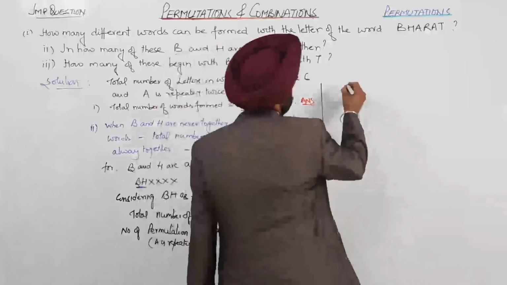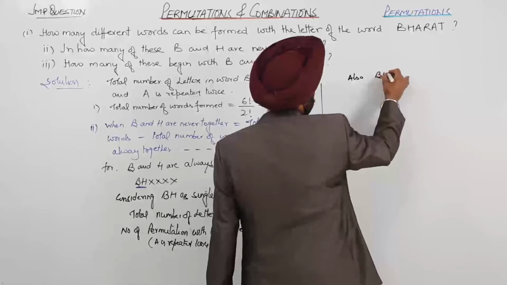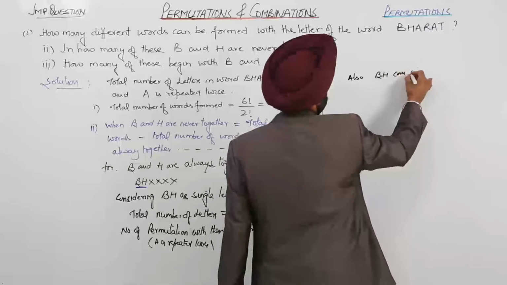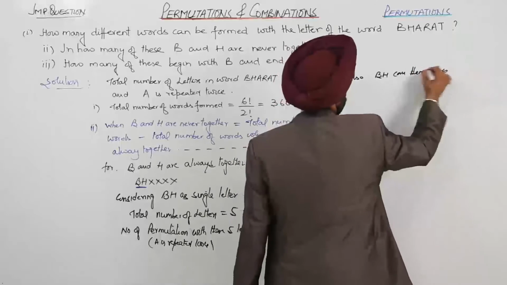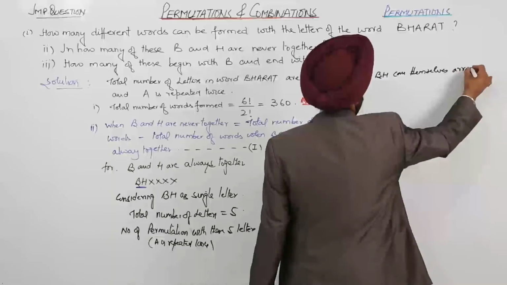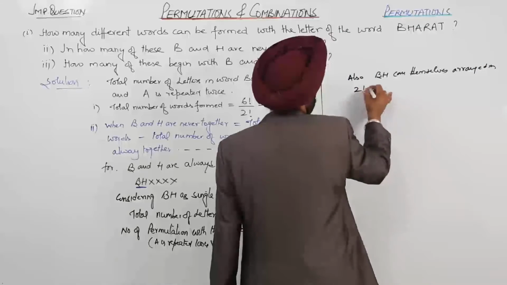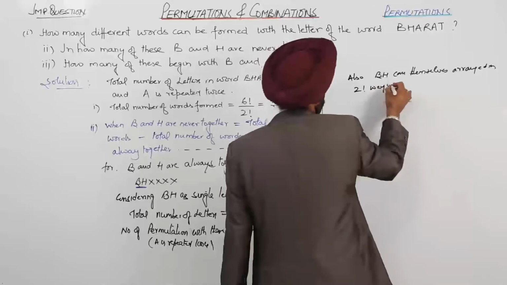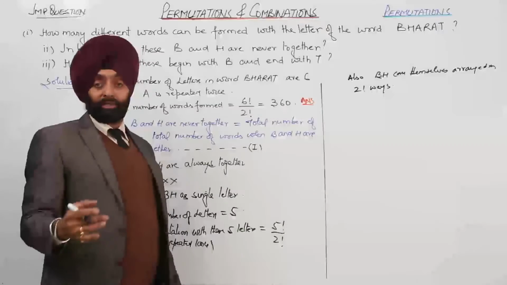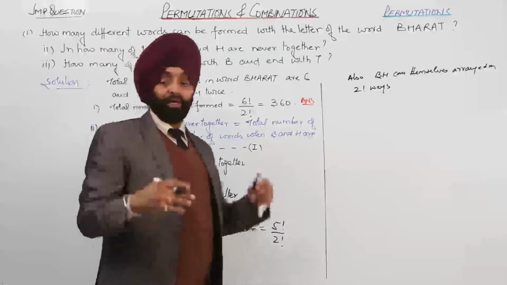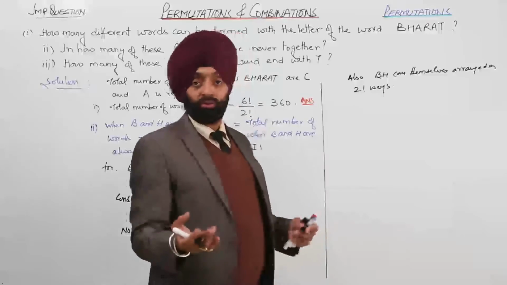Now also, BH can themselves be arranged in 2 factorial ways. Because when BH are always together, suppose all the letters start with B, suppose there are 10 letters, then 10 can start with H also, so the total is 20.